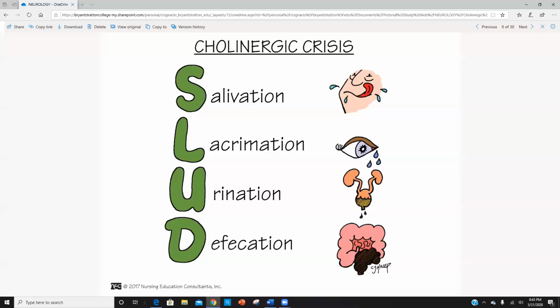So this picture shows you the signs and symptoms of a cholinergic crisis. SLUD is the acronym: salivation, lacrimation, shedding of tears, urination, and defecation. So that's what this is referring to, your cholinergic crisis, and there's two different types.